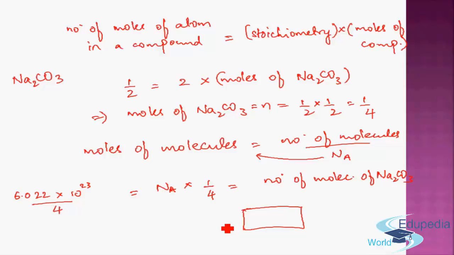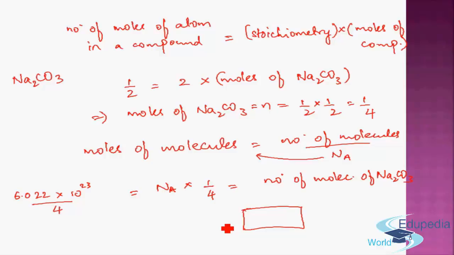So see, ultimately what you need to differentiate in these questions is the difference between moles of molecules or moles of atoms and number of molecules or number of atoms. So moles and number of molecules, or moles of molecules, these are two different things. You must understand the difference between them.